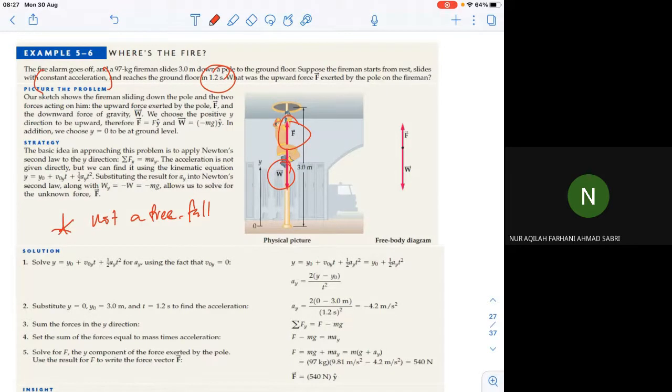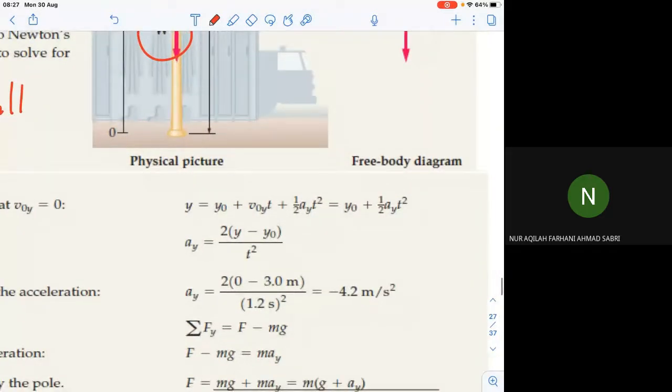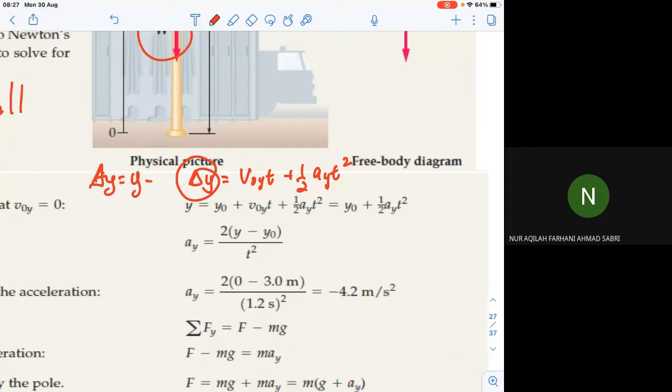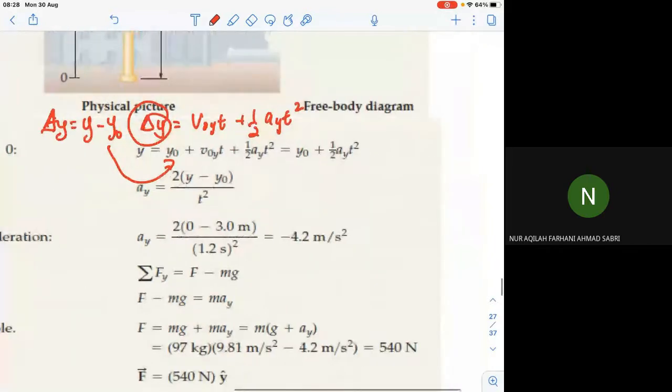Now we should focus on this part. This is actually from the equation delta y equals v naught y t plus half a y t squared. Remember, delta y is y minus y naught, then we bring y naught to this side. And v naught y is the initial velocity.